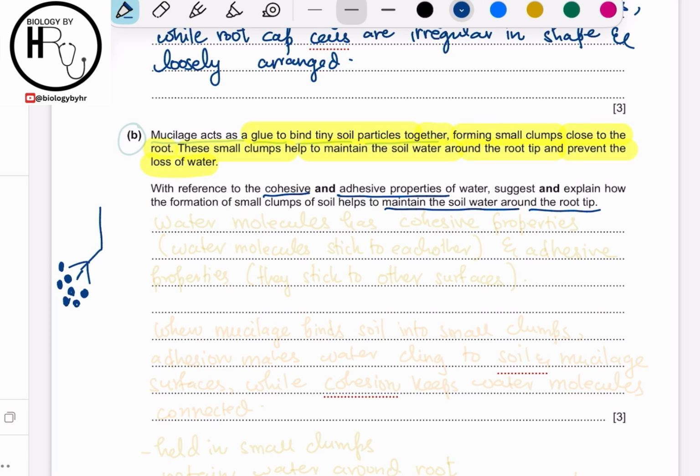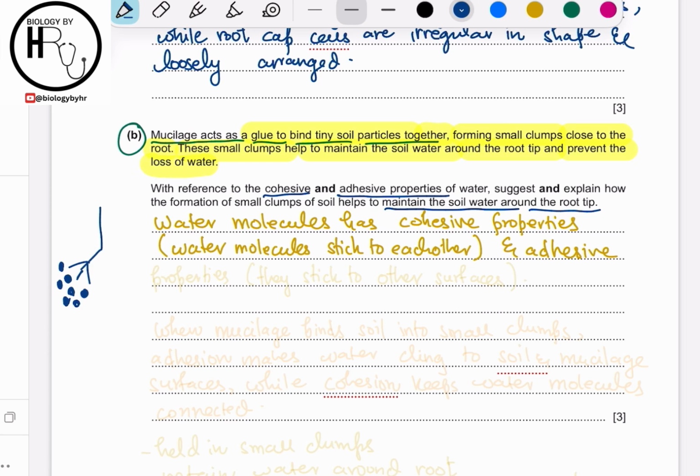So first of all, I have to tell you what the cohesive and the adhesive properties of the water are. The cohesive property of the water is that the water molecules stick to each other, right? When two water molecules stick to each other, it is by the cohesive forces, it is the cohesion.